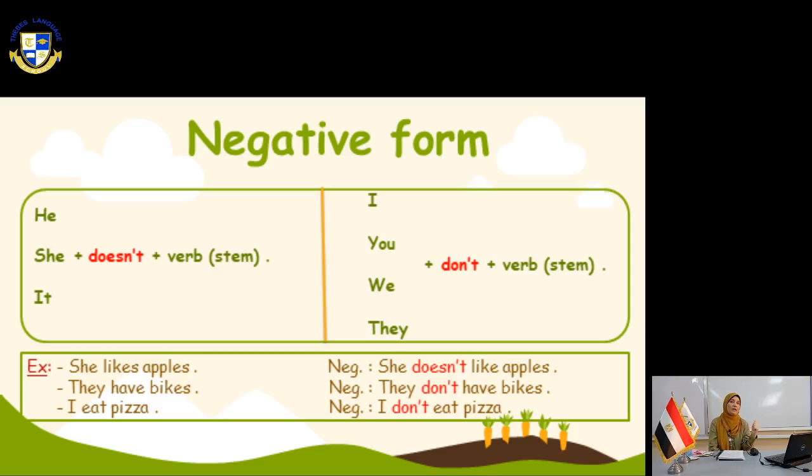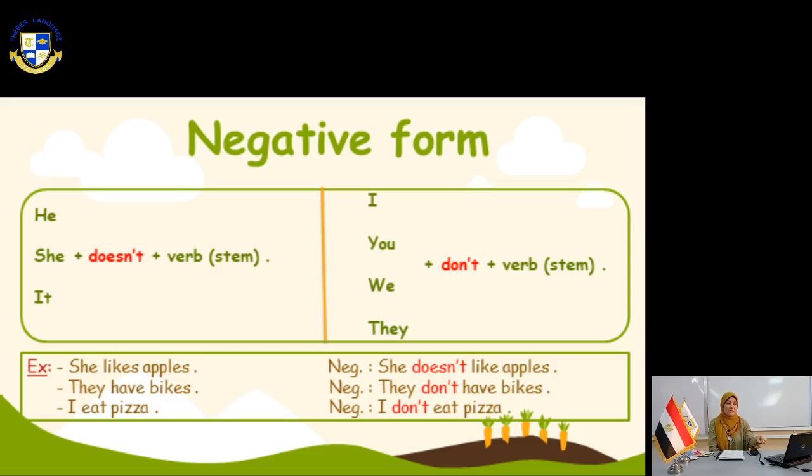doesn't like. And we will take out the S because we put ES to do, it becomes does not. Doesn't like apples. They have bikes. They don't have bikes. I eat pizza.